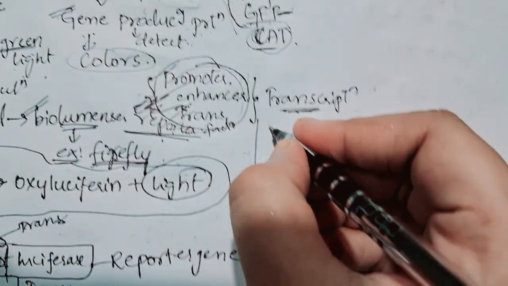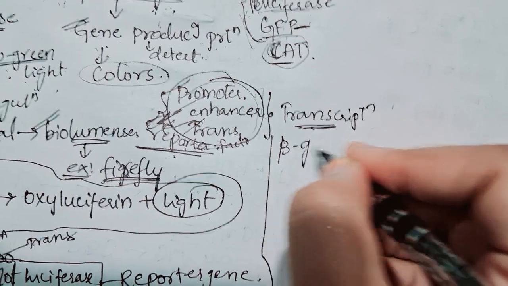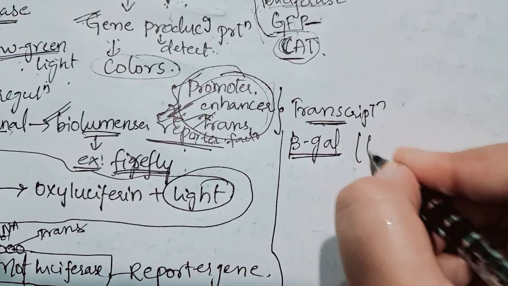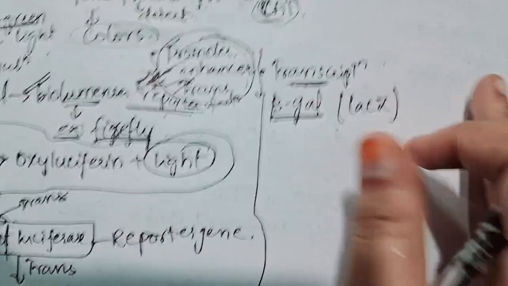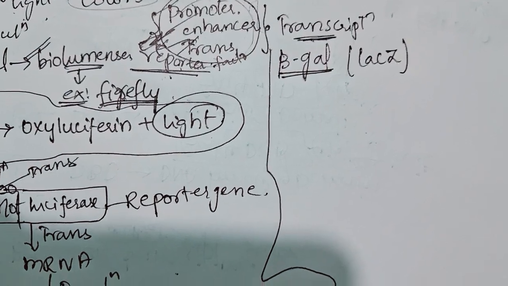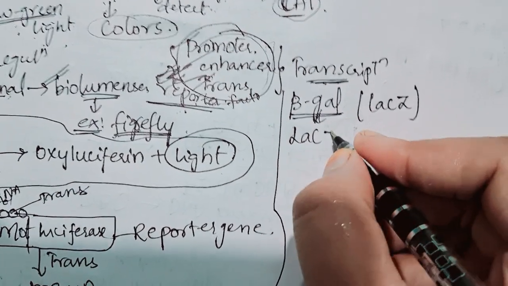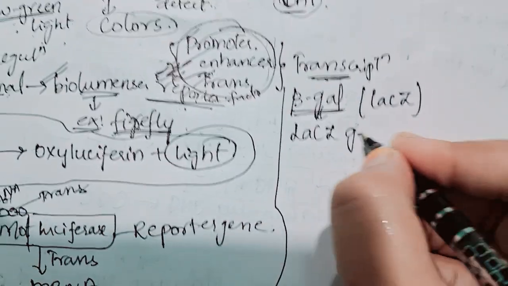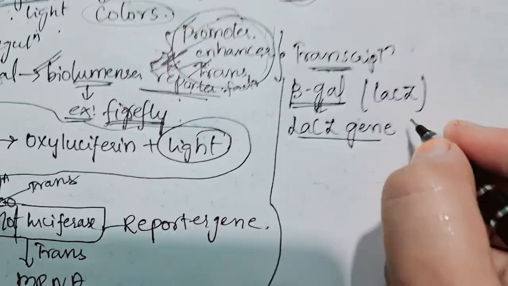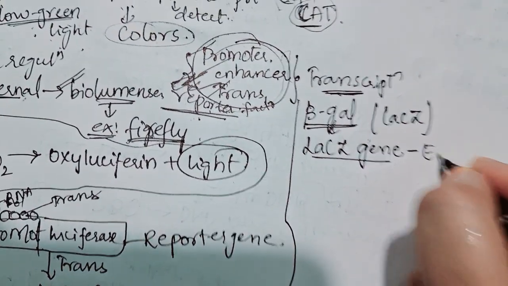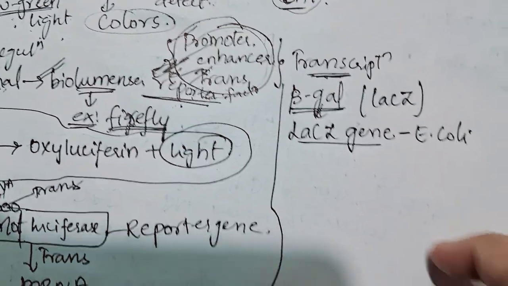Beta gal is also known as lacZ, and it is encoded by the lacZ gene. It is derived from E. coli.